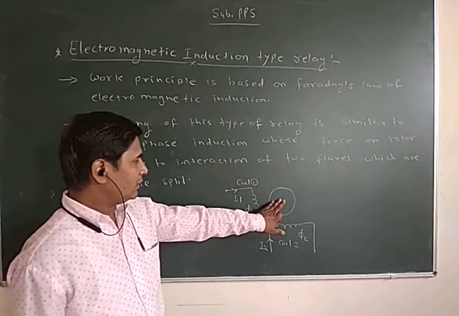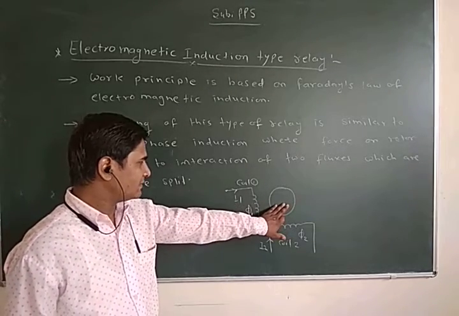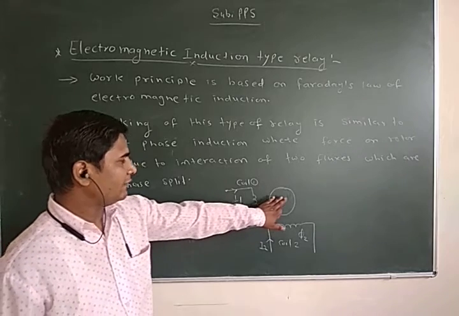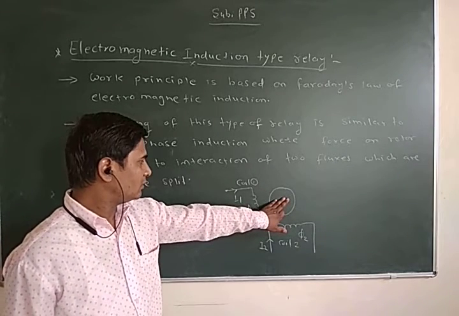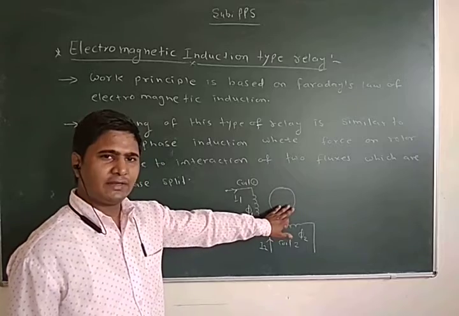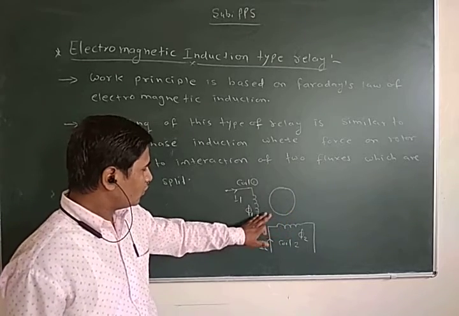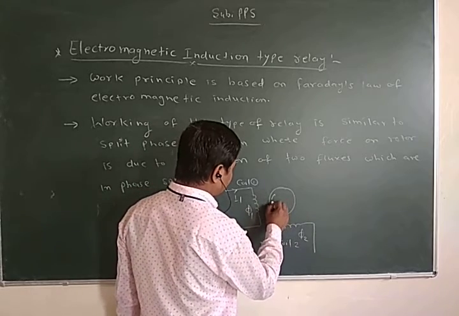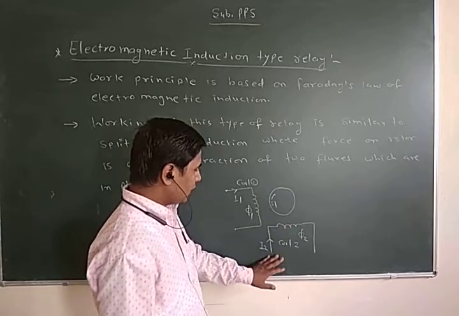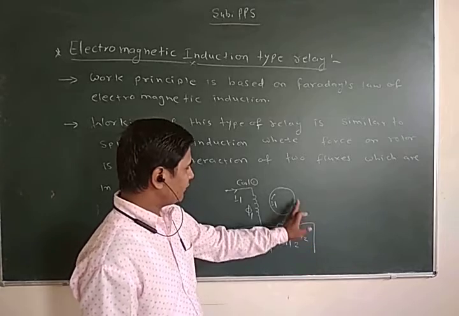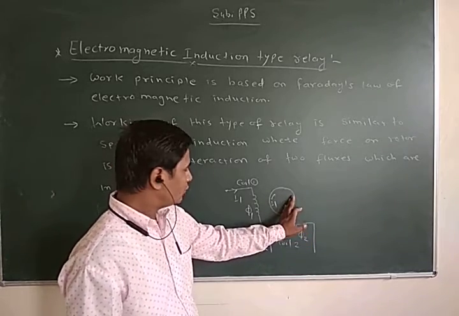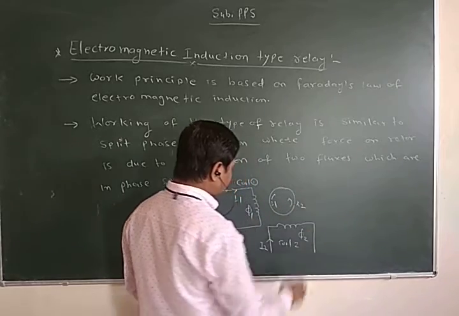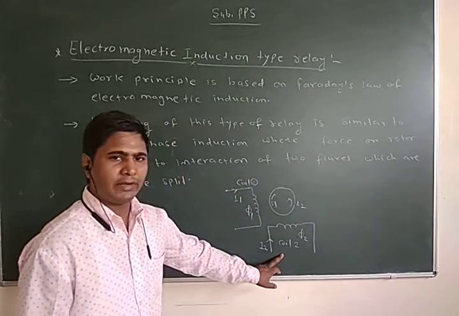Since the rotor is made up of an aluminum disc, due to flux Phi1 an EMF is induced in this rotor, and the rotor being a disc, current flows in the rotor, suppose I1. Similarly, due to flux Phi2, the EMF induced in the rotor is E2 and the current is I2. Fluxes Phi1 and Phi2 are both in phase split.